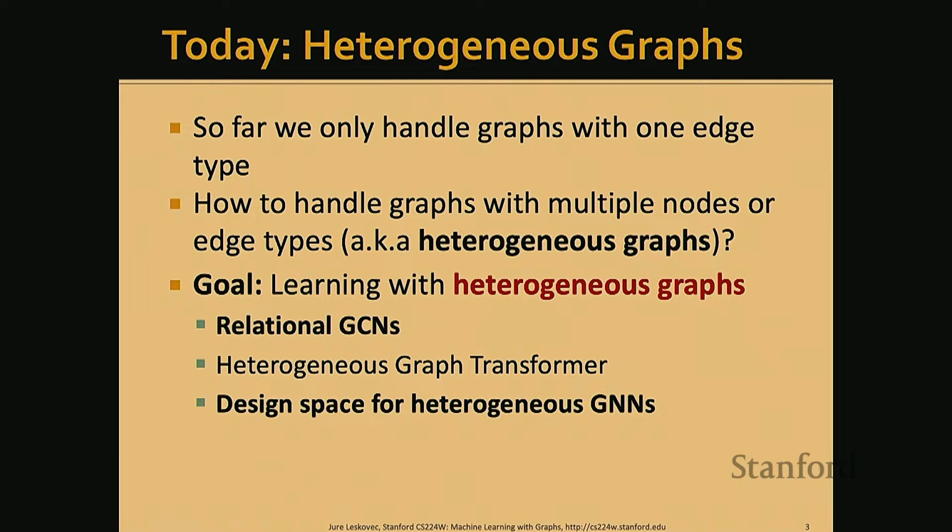And lastly, we'll start some discussions regarding how can we define a design space for heterogeneous GNNs. So if you remember a few lectures back, we have talked about a general perspective for GNNs, and that was over homogeneous graph without any type information. So today we're going to use some slides to discuss how that framework can be extended to heterogeneous graphs as well. So the focus today will be the relational GCNs.